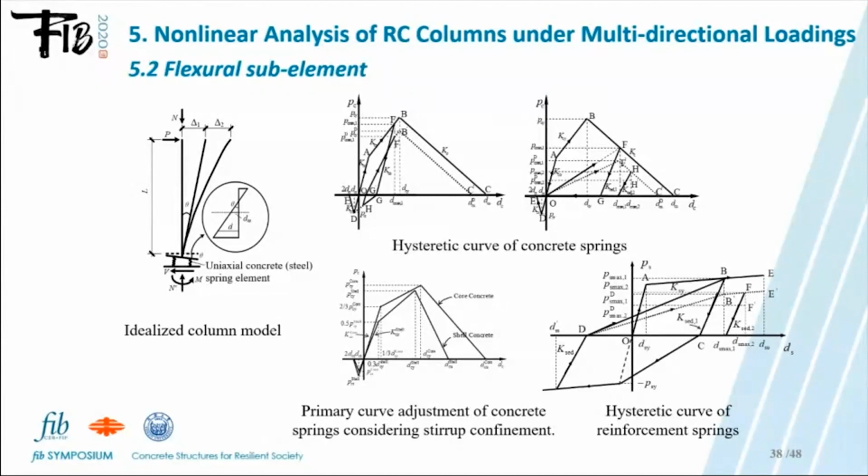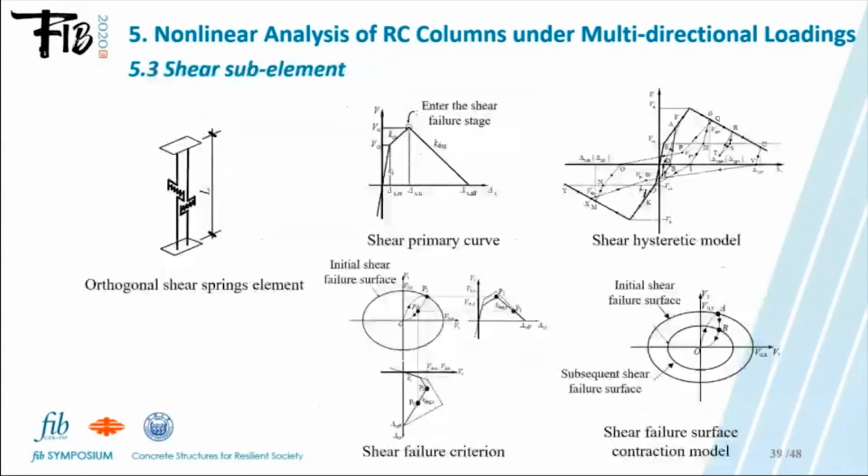Each inelastic element includes a series of concrete and longitudinal reinforcement springs. According to the plane section assumption, once the rotation and the deformation of the neutral axis of the section in the inelastic element are decided, the total deformation of the column could be calculated.